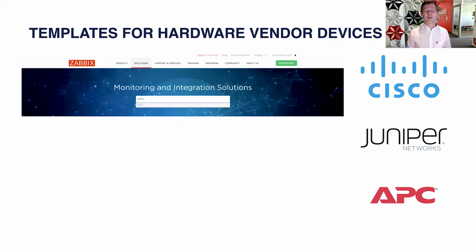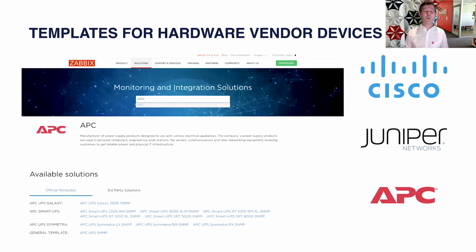Just recently, I think a few weeks ago, we introduced device-specific templates on our integration page. And we started with APC devices. So now if you look for APC, you can see clearly what devices are supported.